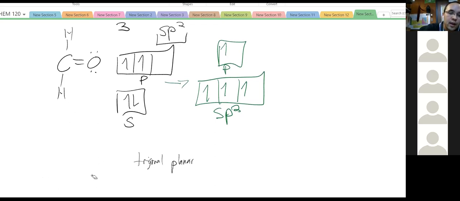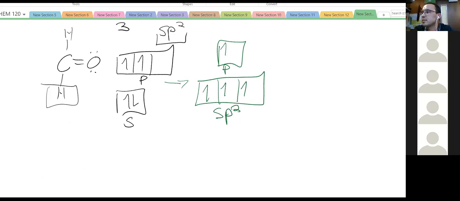So for these hydrogens, do they need to hybridize? No, they don't. Very good. Pretty much only if you're connected to more than one atom do you have to hybridize. If you're not connected to more than one atom, then you don't have to hybridize.